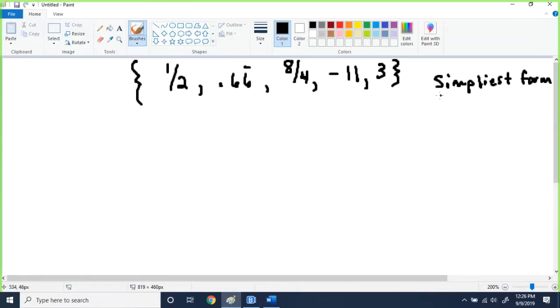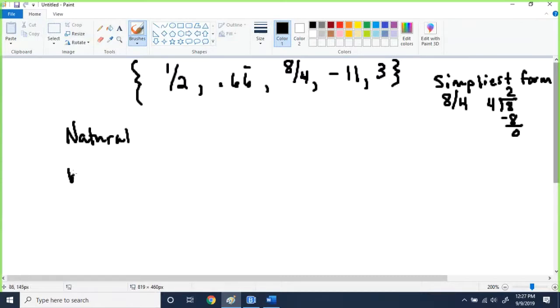So the number that's not in the simplest form right now is 8 divided by 4. 8 divided by 4 is going to be 2. So we'll keep in mind that this 8 divided by 4 is really a positive 2.